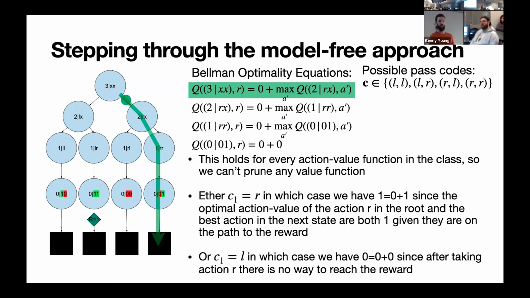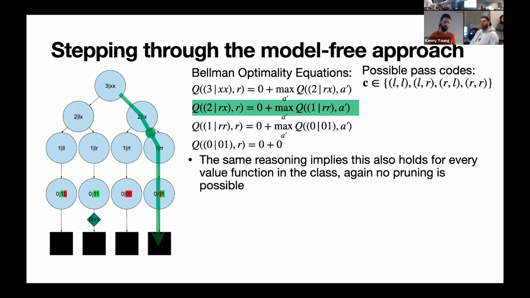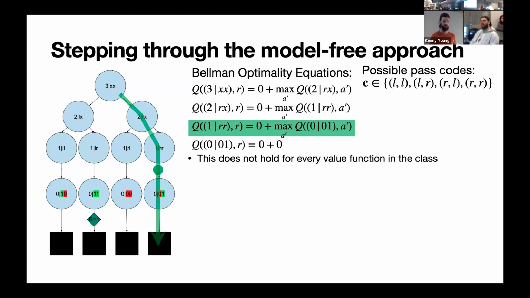In either case, this Bellman optimality equation is obeyed. The same reasoning applies to this next Bellman optimality equation: it holds for every value function in the class, so again no pruning is possible. But now, based on this third Bellman optimality equation, we can actually start to prune something, because this doesn't hold for every value function in the class.